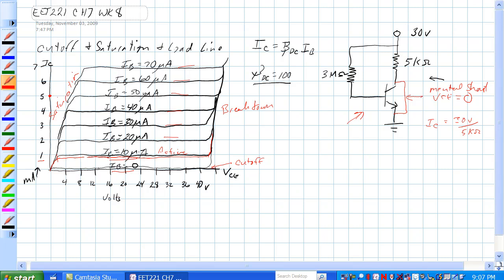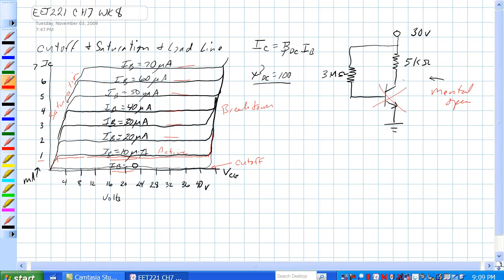The other point deals with what's called a mental open. Next thing we need to come up with is the second part of this load line. Let's go with the red. Mental open, which means remove the transistor.